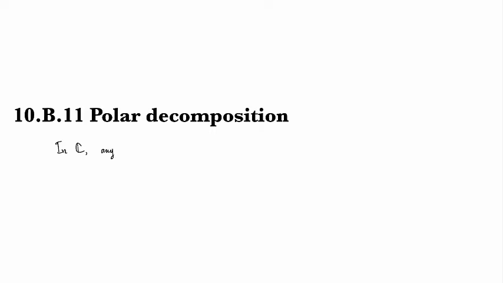So in the complex plane, any unit complex number has the form cosine t comma sine t if it was written in terms of coordinates like a number in R2.